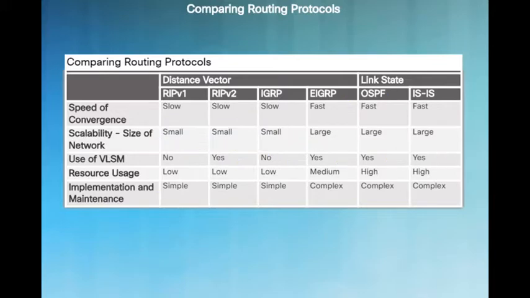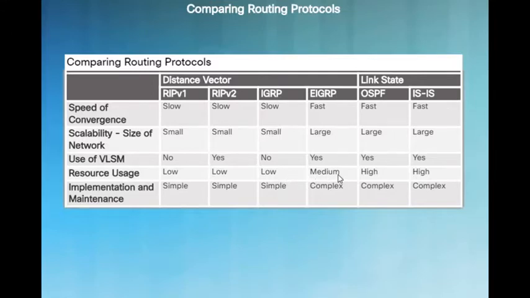The only advantage of probably the old protocols is their resource usage. Resource usage includes the requirements of routing protocols such as the memory space, the RAM, the CPU utilization, and the link bandwidth utilization. In that scenario, the old protocols have an advantage because they are low in terms of resource usage.